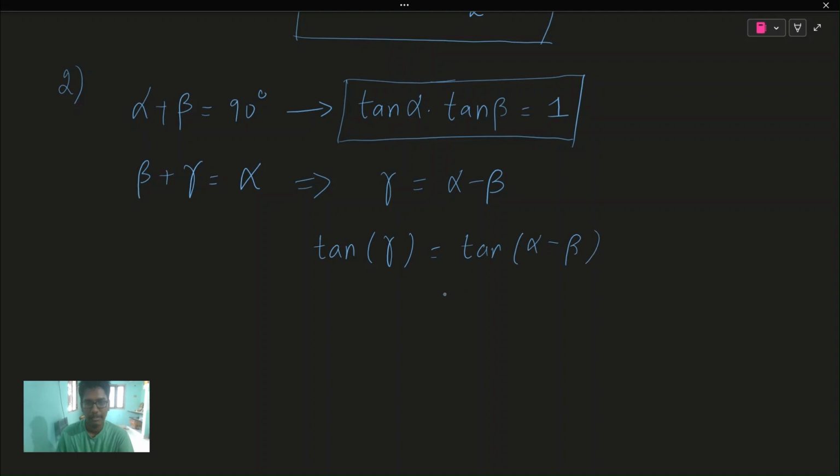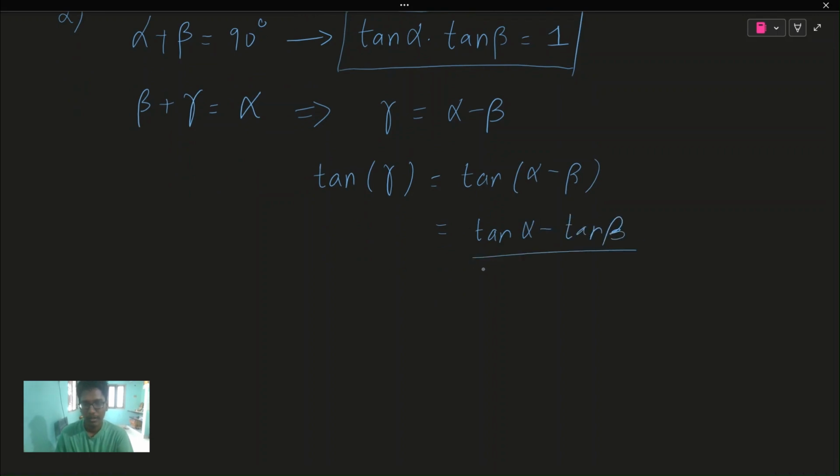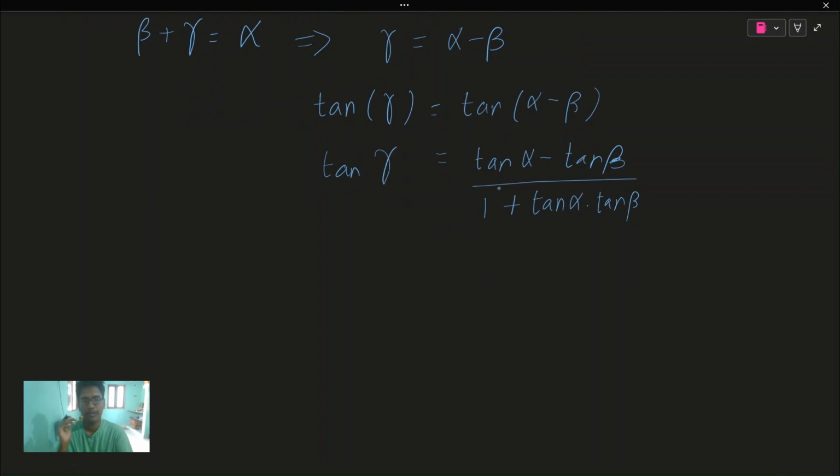Tan of alpha minus beta is nothing but tan alpha minus tan beta divided by 1 plus tan alpha tan beta.